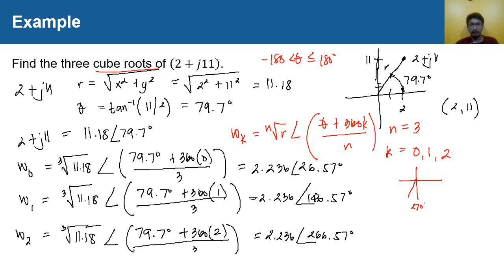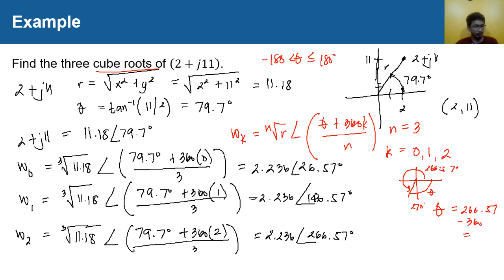Since we need to find the value between negative 180 degrees and 180 degrees, to obtain the value of theta we need to have 266.57 minus 360 degrees.